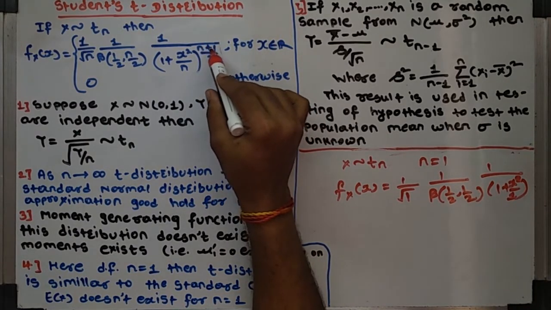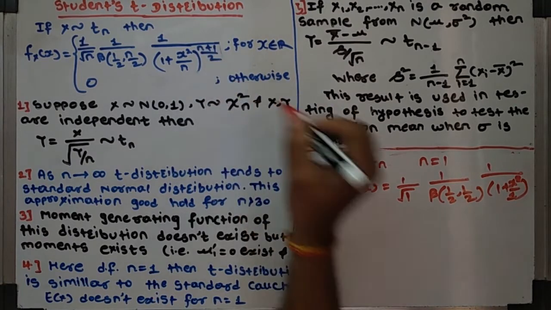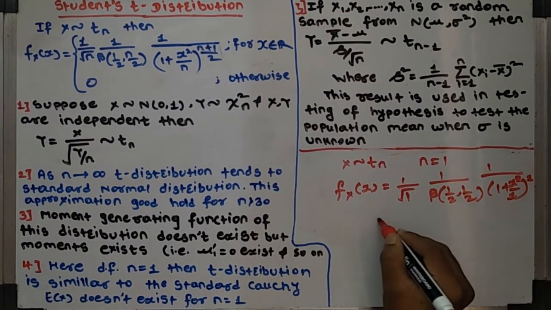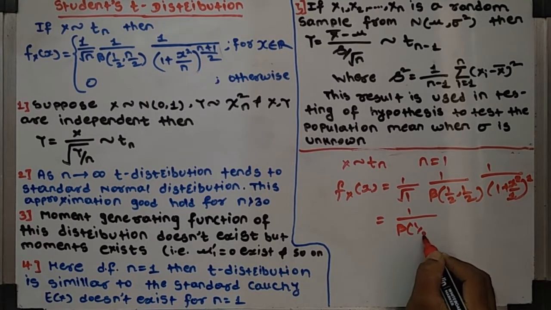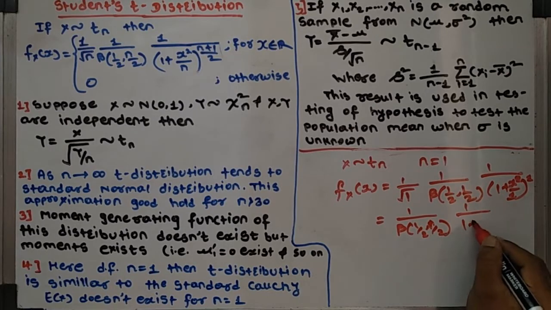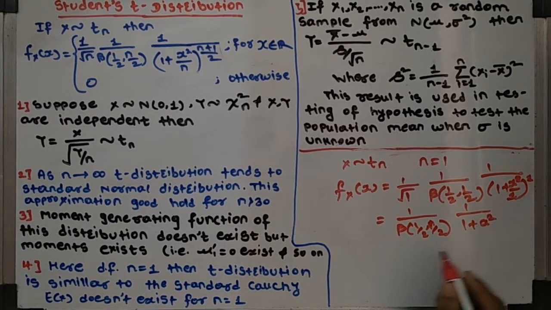Here n is 1, so 1 plus 1 is 2, 2 by 2 is equal to 1, that is raised to 1, which is equal to 1 upon beta(1/2, 1/2) into 1 upon 1 plus x square.